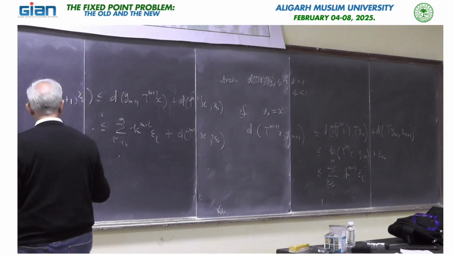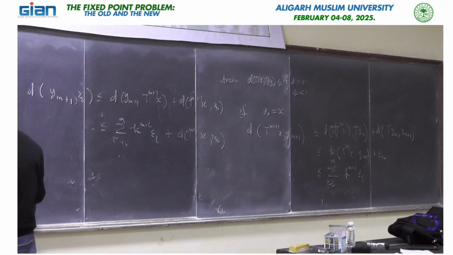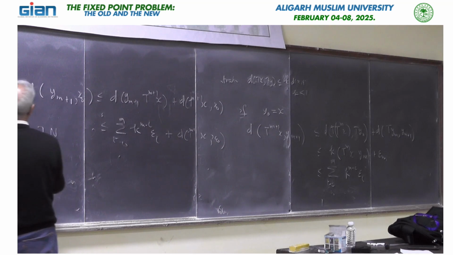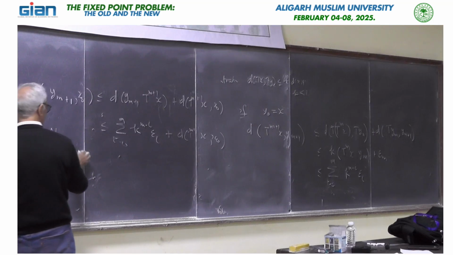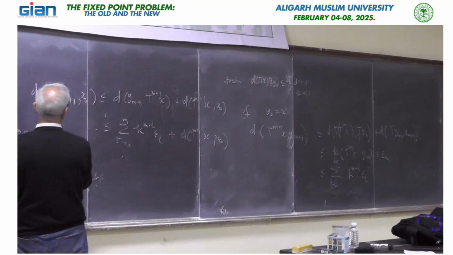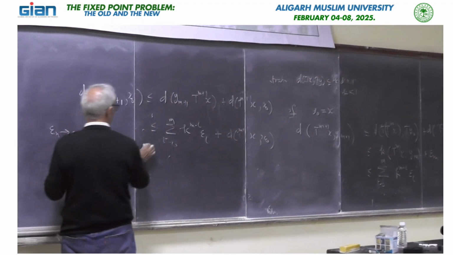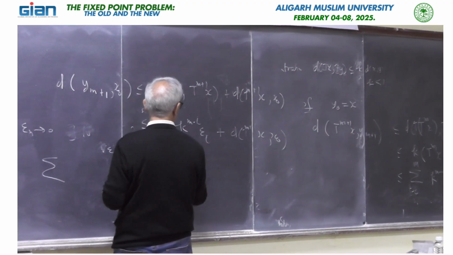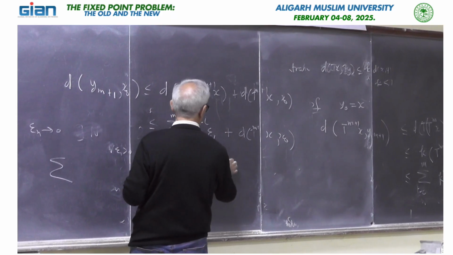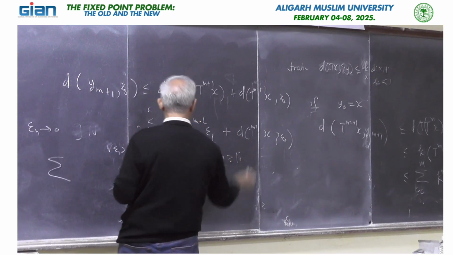So that part can be seen like this. Since these epsilon_n's are going to 0, for any epsilon greater than 0 there exists capital N such that epsilon_n is less than or equal to epsilon for all n greater than or equal to capital N. Okay.